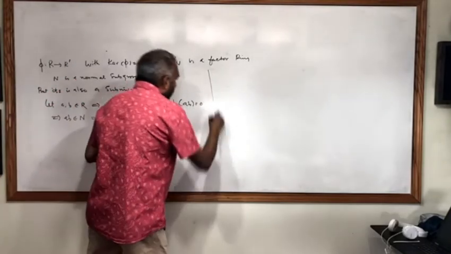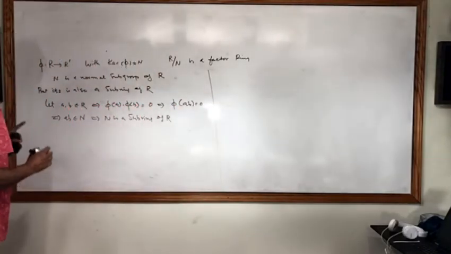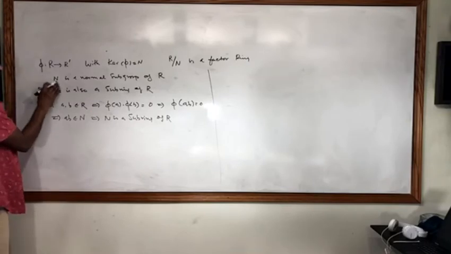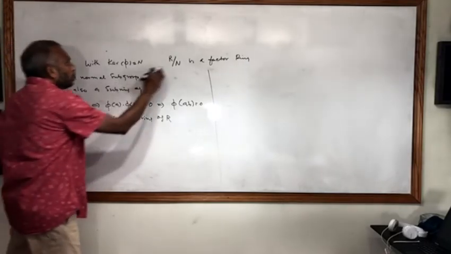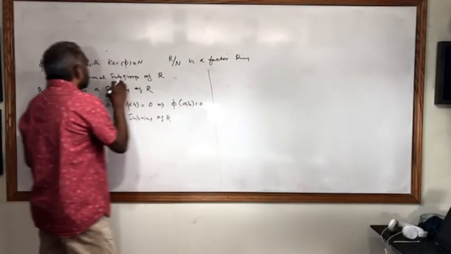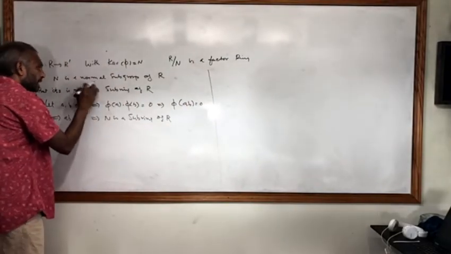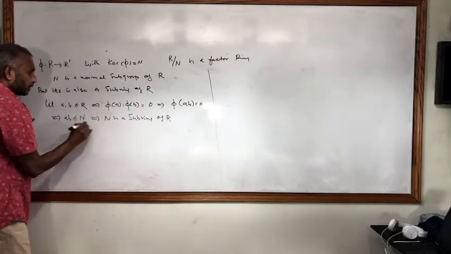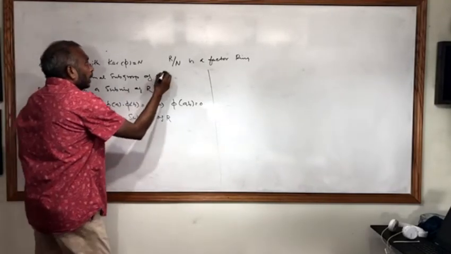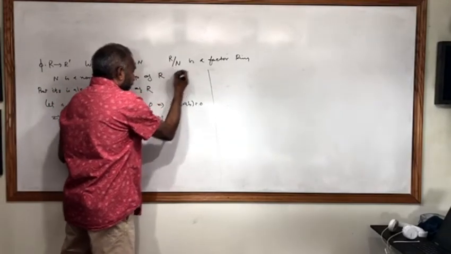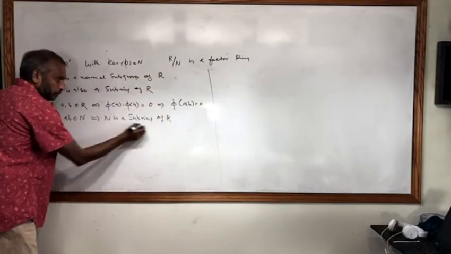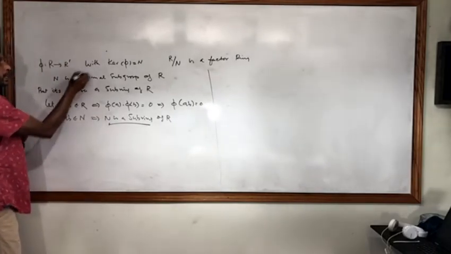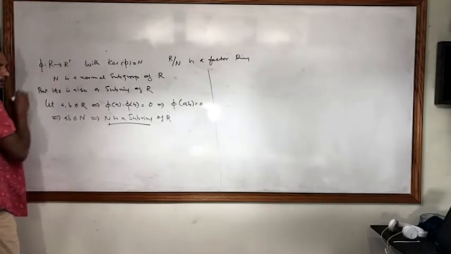The reason why I pointed out this one here is, though we started with a ring homomorphism and built the factor ring based on the kernel, that kernel is really a subring. So we are actually building the factor ring from a subring. In this case, it happened to be the kernel of the homomorphism.